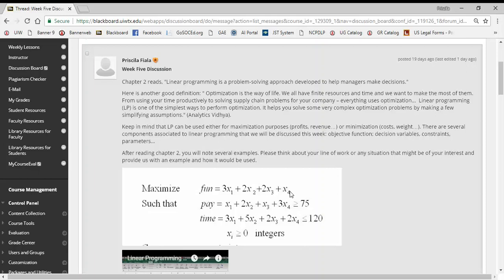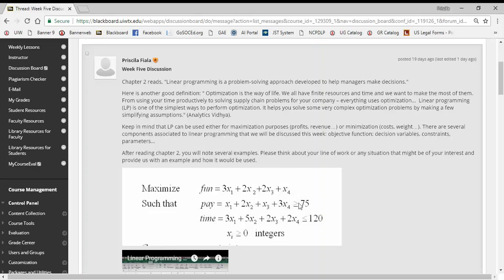What are your constraints? Like it says right here, we all have finite resources and time. So in this case, we're going to maximize the objective function, what we are trying to maximize, or present to our managers what we're trying to maximize, or if it was a minimization, minimize, and then such that. Your textbook and many other places are going to say subject to, or you're going to see the abbreviation S.T., subject to or such that, and here are your constraints.